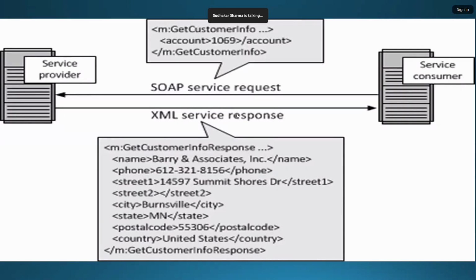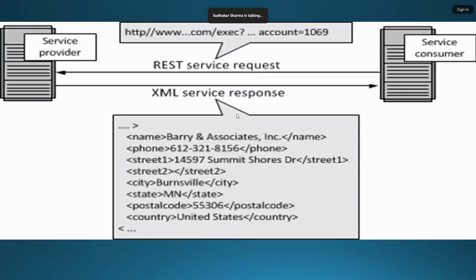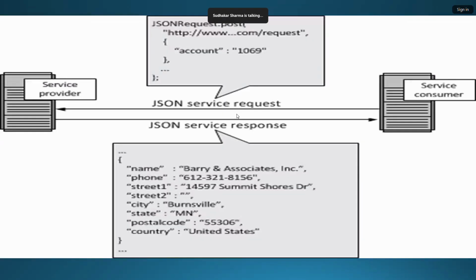In REST, representational state transfer, the request will be in a simple query form and the response will be in XML or JSON. And in JSON, the request and response will be in the format of JSON.